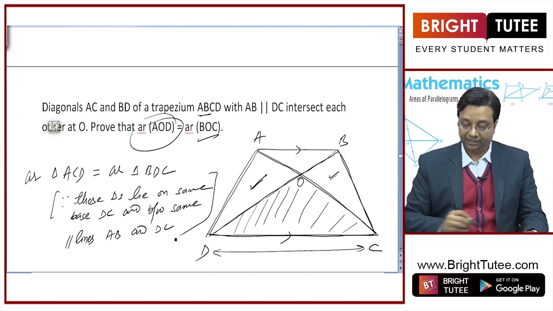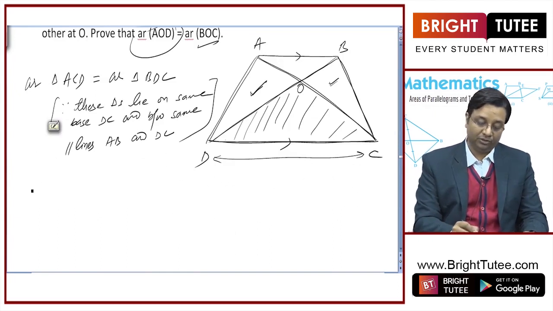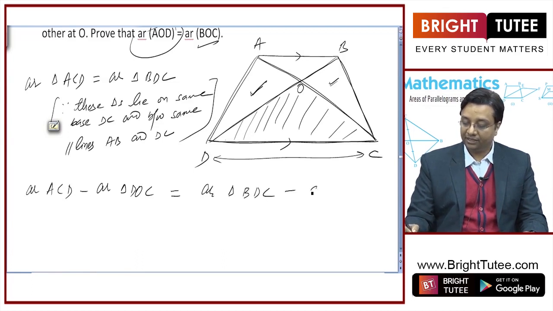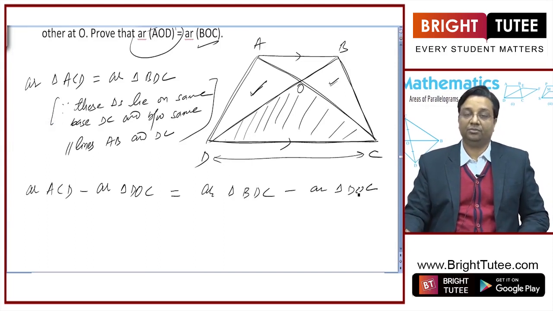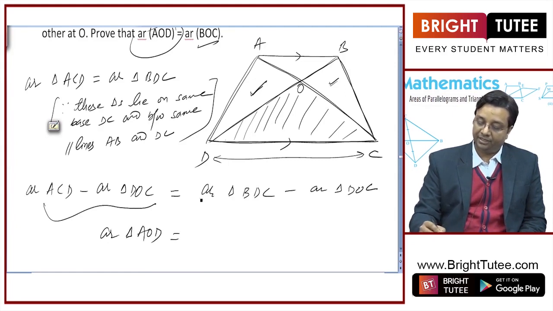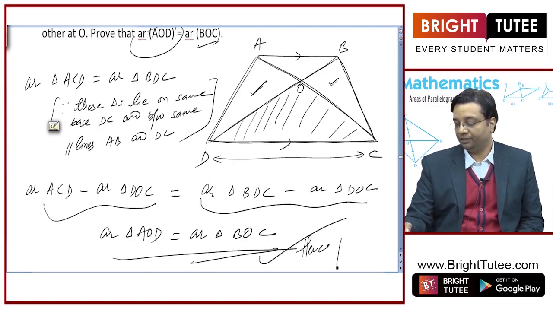Hence their areas are equal. So subtracting area of triangle DOC on both sides, I can say area of ACD minus area of triangle DOC will be equal to area of triangle BDC minus area of triangle DOC. I can subtract common regions from both sides. Now this gives me area of triangle AOD equal to area of triangle BOC. This is what I had to prove. So it is proved.